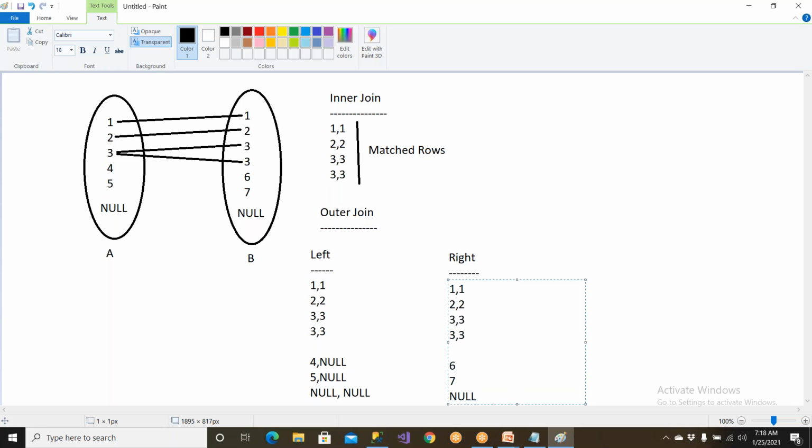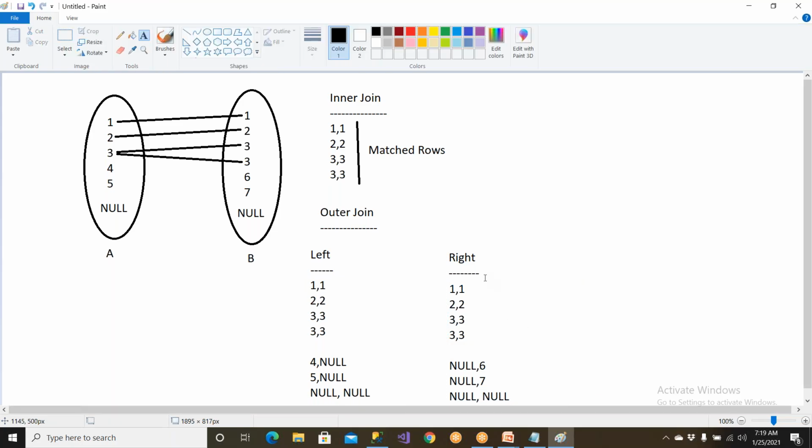So you have a 6, for the 6 there is no matching data, so this side you will see a null, and for the 7 there is no matching data, so you will see a null, and for this null there is no matched data here, so you will get one more null this side. Clear? So right join would be matching data plus unmatched data from the right table.